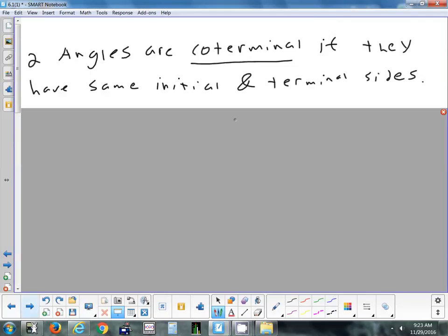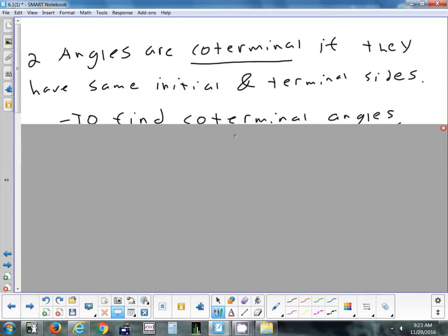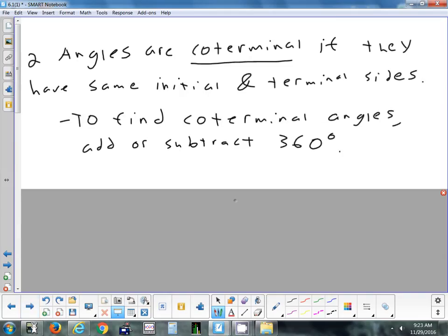All those angles I was showing you where the terminal side lands at the same spot are called coterminal angles. Coterminal angles are angles that have the same initial and terminal sides. All you have to do to find coterminal angles is add or subtract 360.